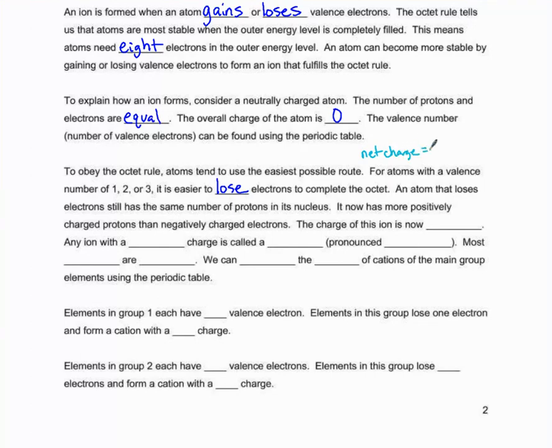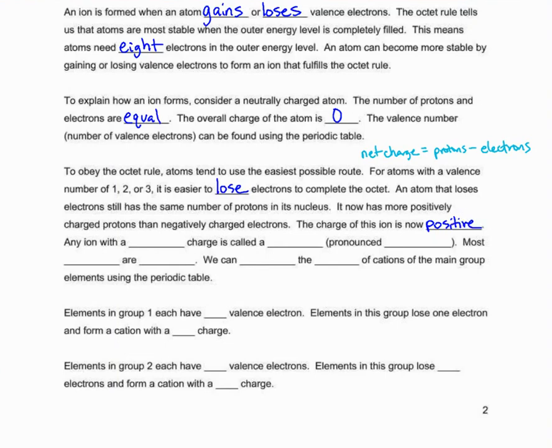Net charge equals number of protons minus number of electrons. So there are more protons than electrons, which means it's going to be positive. The charge of the ion is now positive.